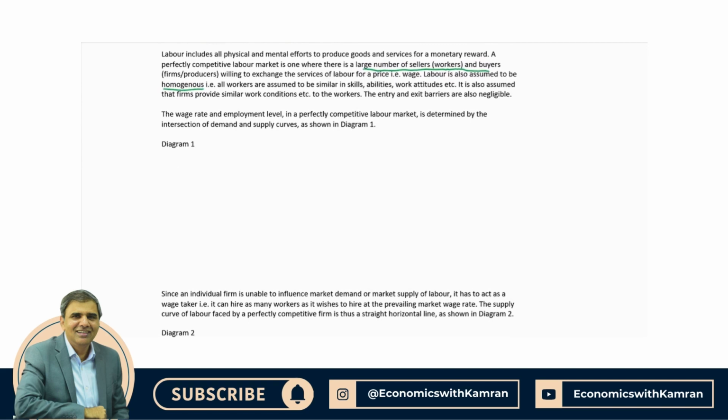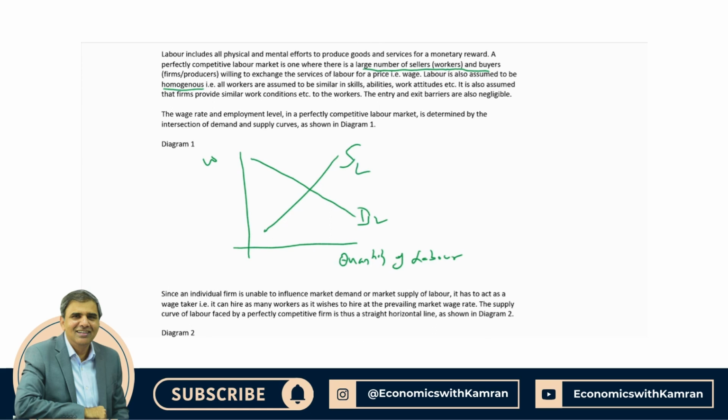So in a perfectly competitive labor market, demand and supply curves determine the wages. Now over here we write quantity of labor, and along the axis we write the wage, that is the price of labor, with a downward sloping demand curve for labor and an upward rising supply curve for labor, and that gives the equilibrium wage and equilibrium employment.